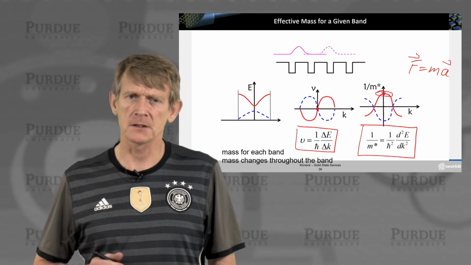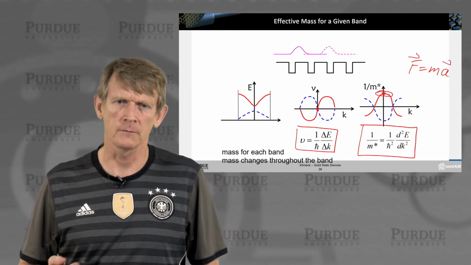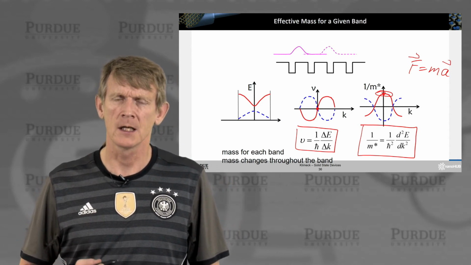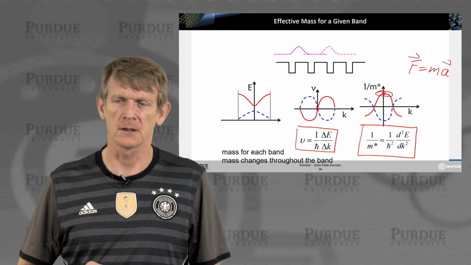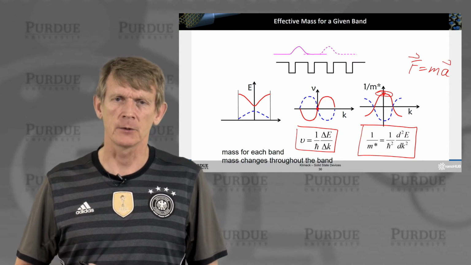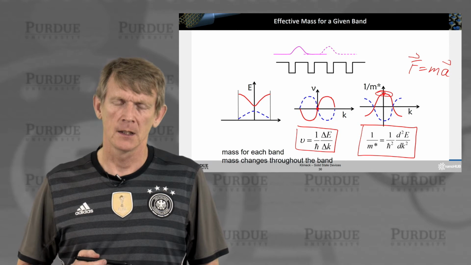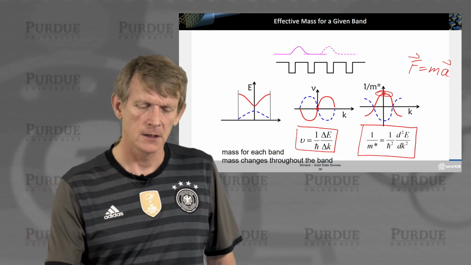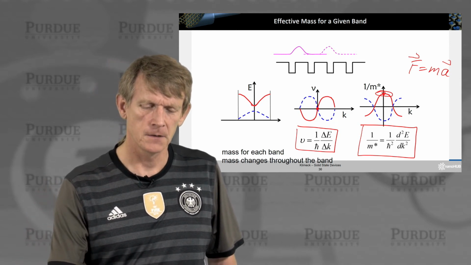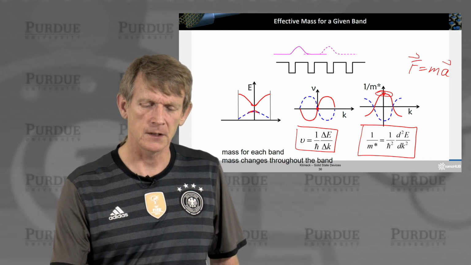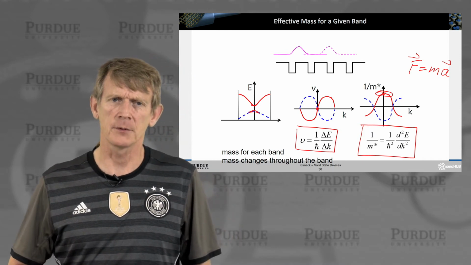This is really the essential definition of a hole, and we'll talk more about what holes mean in band structures, etc. in a little while when we talk about doping, etc.